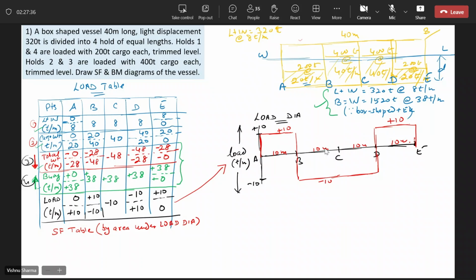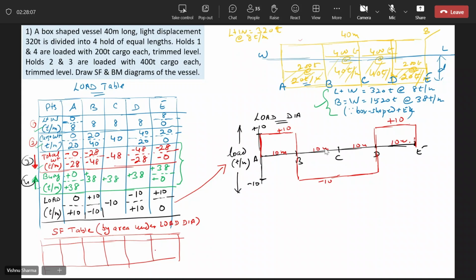Clear, class? Follow me, fatafat. Yes, sir. So based on this, how many minimum points should I take for the SF table? Same as before, sir. 5 points, because we have taken 5, so we stick to 5. And now the area will not change suddenly, so no need to worry about dividing into 2.